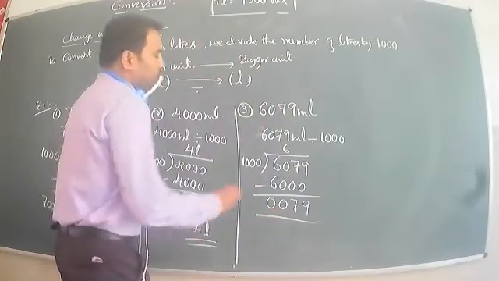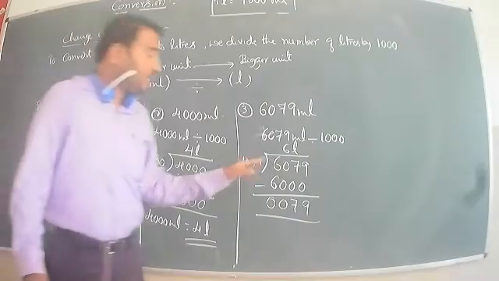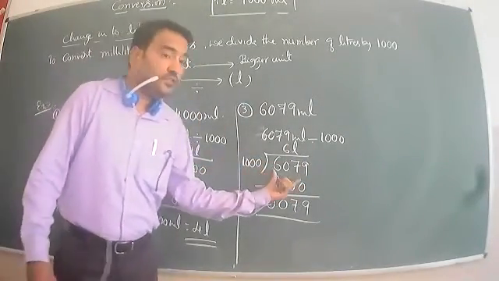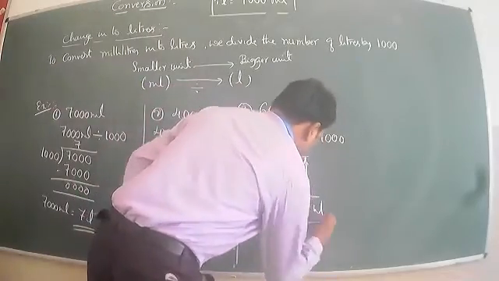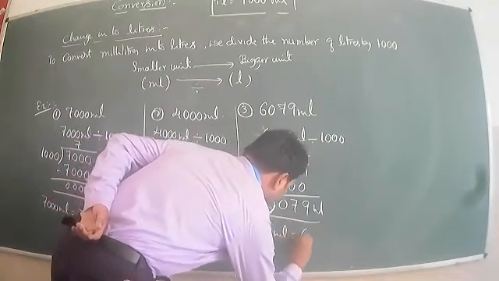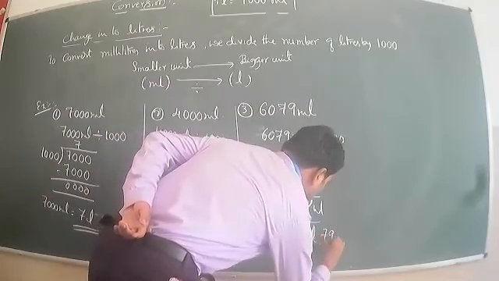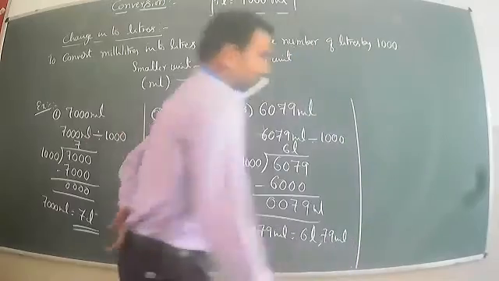The quotient is liter because there are 6 thousands. 6 times 1000 is 6000. 6000 is called 6 liter. The remaining is milliliter. So we write 6079 milliliter equal to 6 liter 79 milliliter.